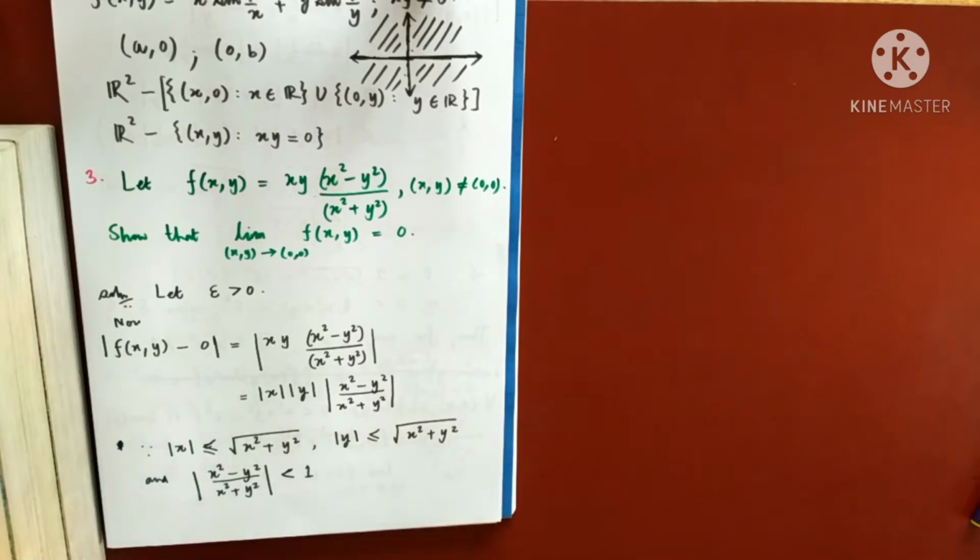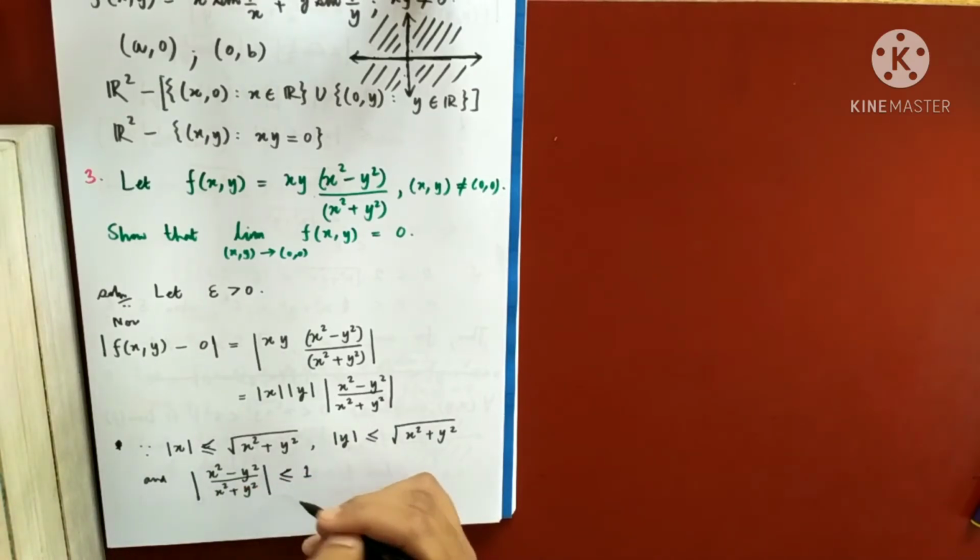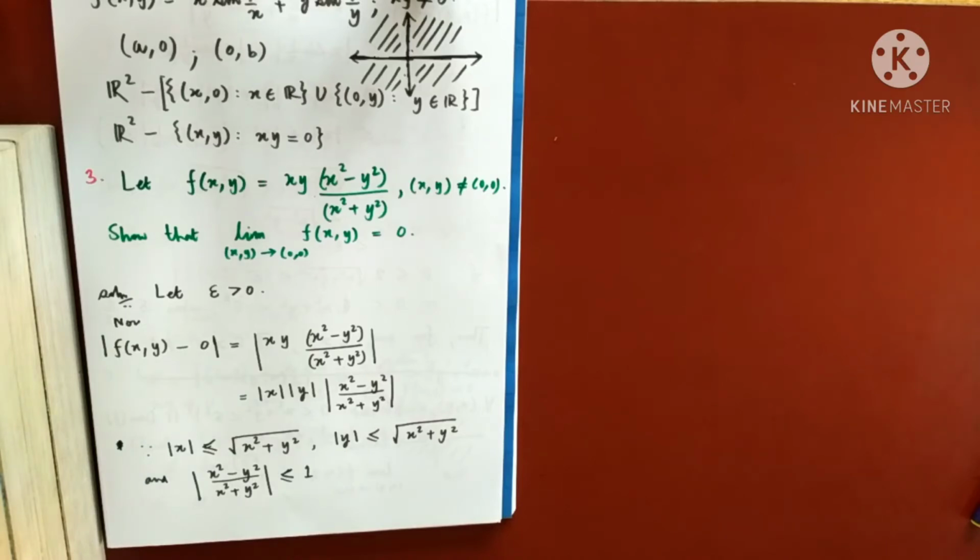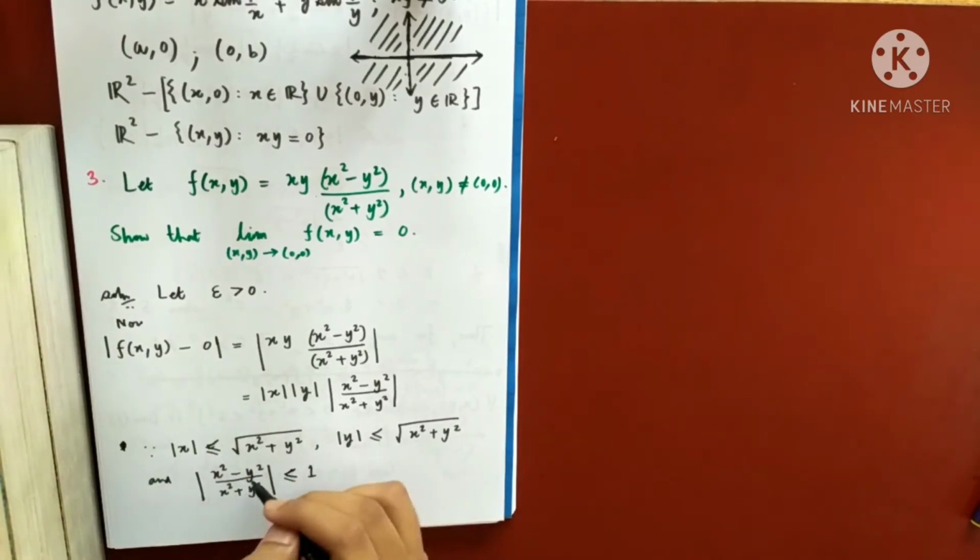It can be equal for some case, when y is 0 but x is 1, it may be equal. But it cannot exceed 1. Do you agree with me? Because the numerator is always less than or equal to the denominator. Am I clear with this line?